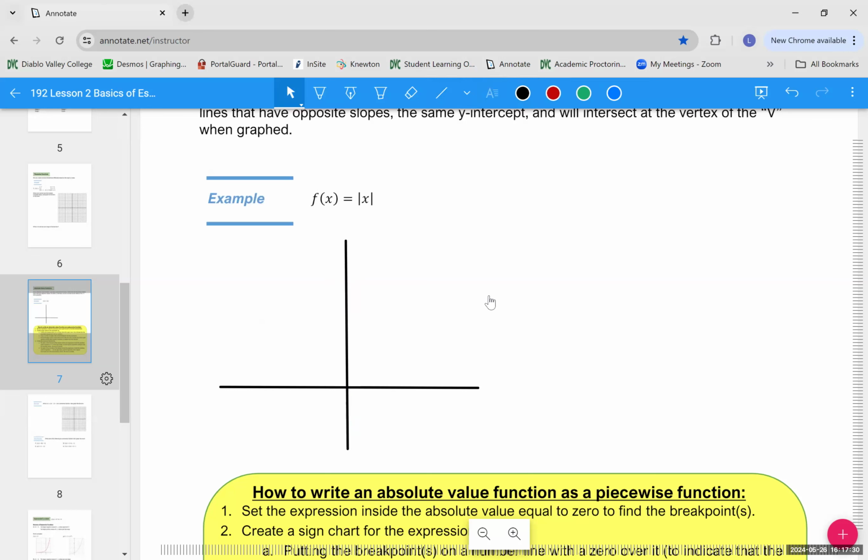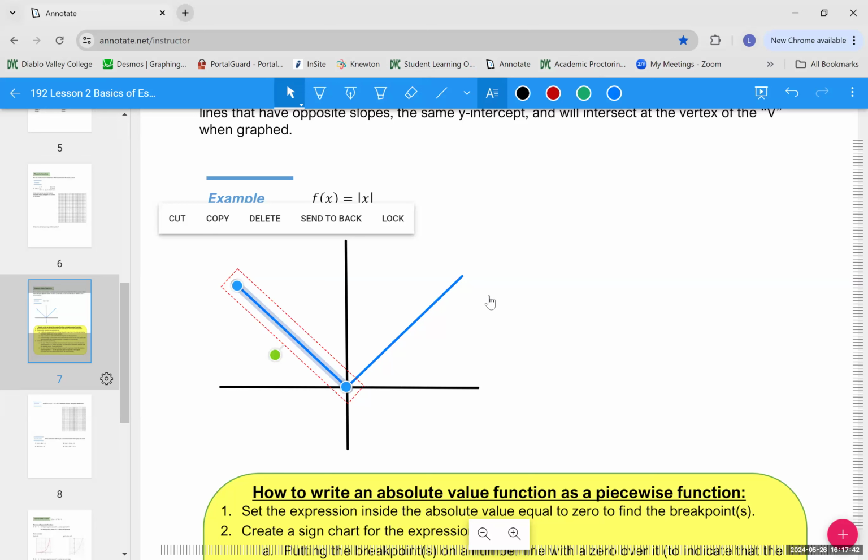And we know that this graph basically has the right side of the V and the left side of the V. Of course, these do go on, they don't end where I have them.